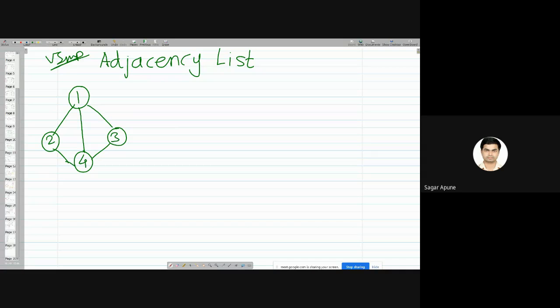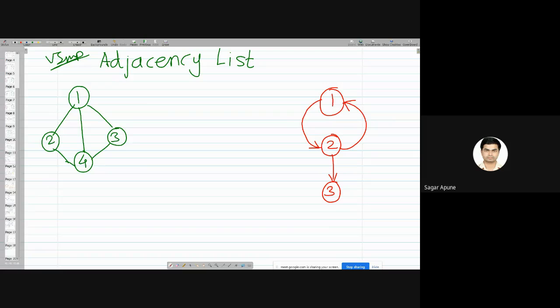The second example of my adjacency list has vertices 1, 2 and 3. Here there is an edge from 2 to 3, an edge from 1 to 2, and an edge from 2 to 1. This is a directed graph.